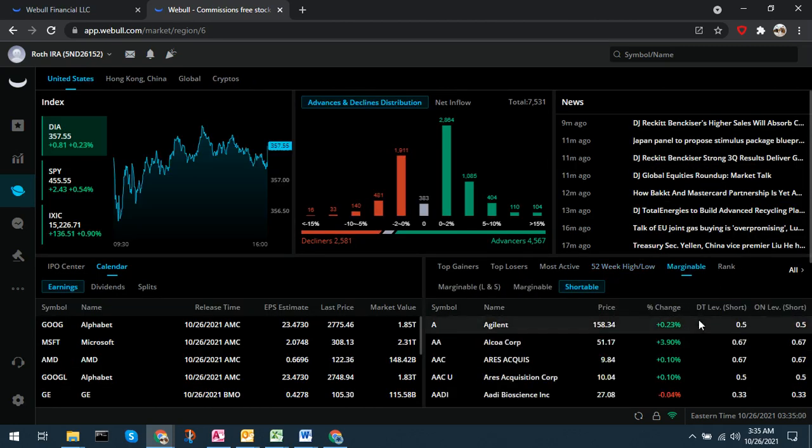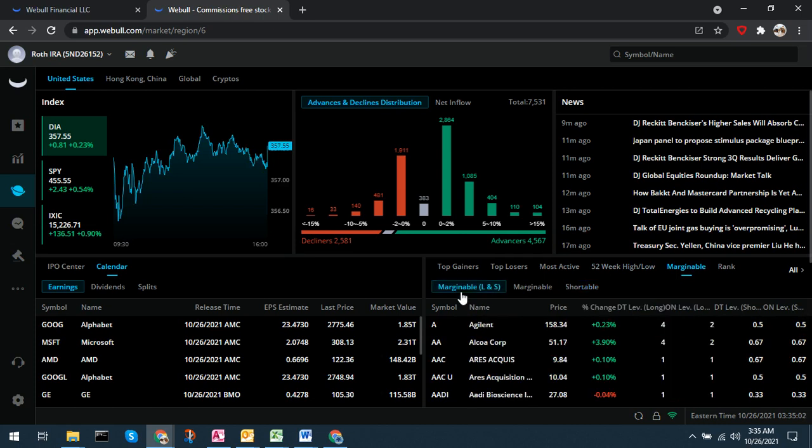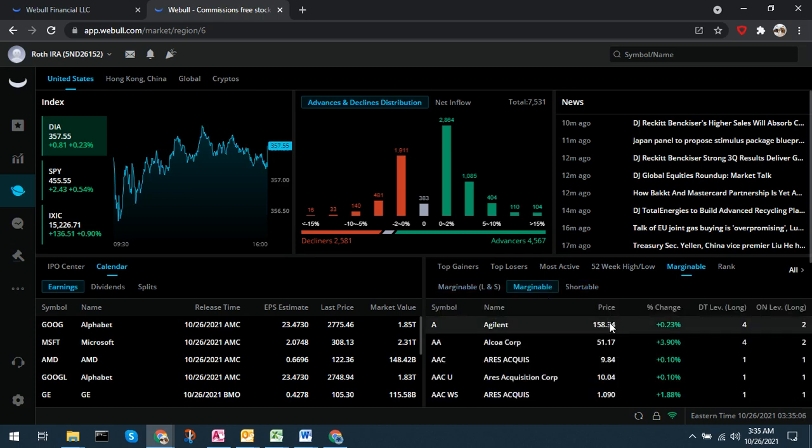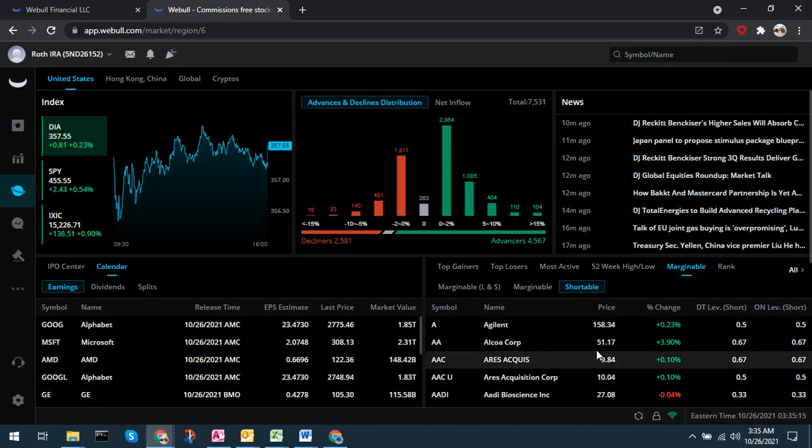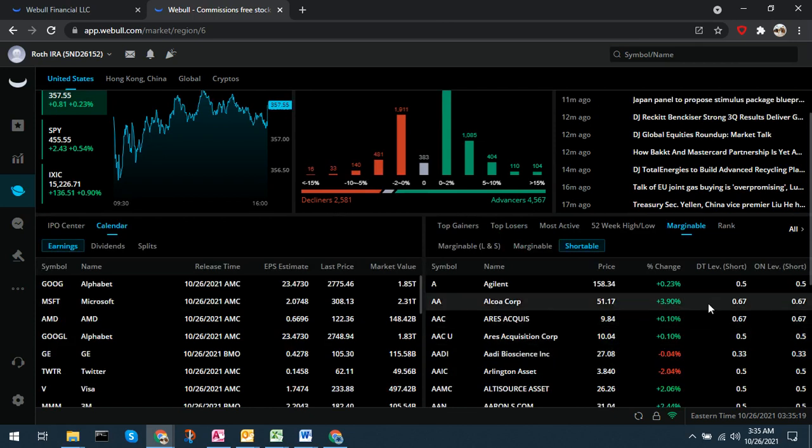We can see which ones are marginable. We can see long or short marginable, long and short marginable, what's marginable, and what's shortable. So if you're a trader that shorts and you want to know which stocks are shortable, you can see which ones are shortable in that list.